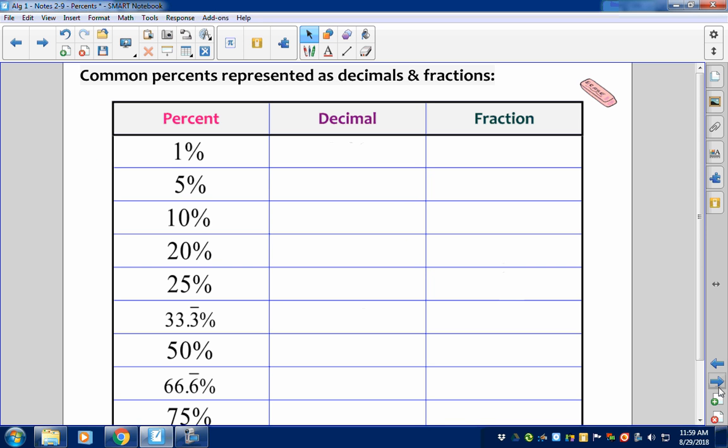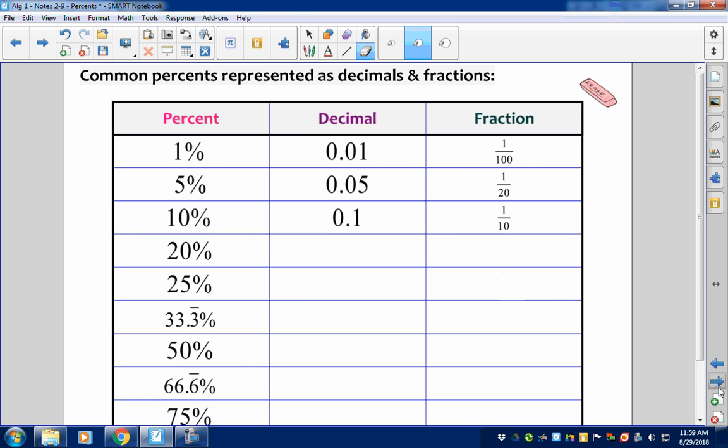All right, on your sheet, it's already all filled out for you, although I noticed some of them didn't copy very well. So just to make sure you have all these common percents as decimals and fractions. First one is 1% is 0.01. Second one, 5% is 0.05 or 1/20th. 10%, don't get that confused with 1%.